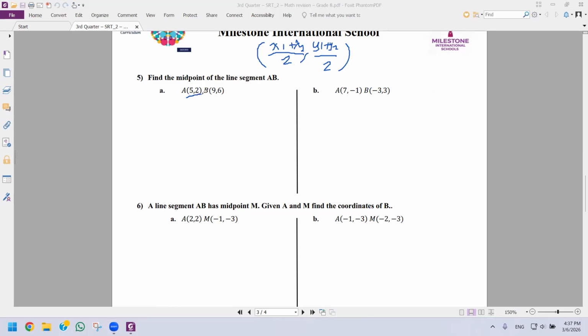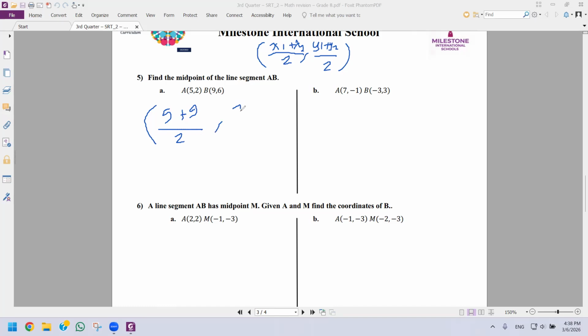Each point, this is the first point. So this is x1, y1. 5 is x1, 2 is y1. Second point, 9 is x2, 6 is y2. Now let's apply the formula. x1, which is 5, plus x2, 9, over 2.